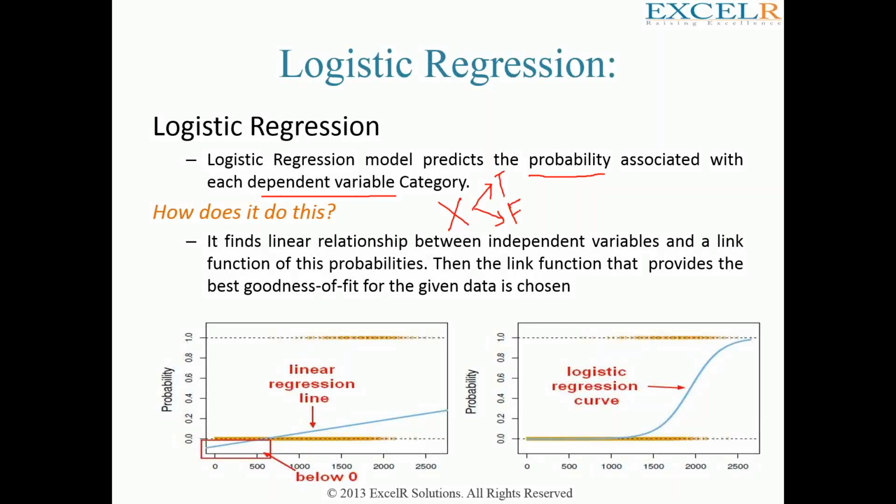Instead of binary, you can also have multiple categories such as satisfied, neutral, dissatisfied. You can have it this way also, right? If you have multiple levels within this factor, you call that multinomial logistic regression.